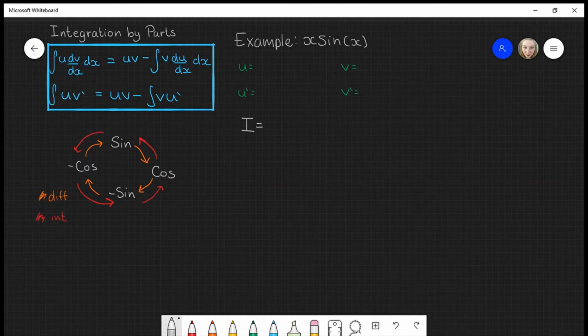So from the formula, one of these two functions is going to be u and one of them will be v dash. I'm going to choose u as x. Therefore the differential of x is just 1, and then v dash will be sine x. Therefore v, we need to integrate this. So if we go to the integration circle on our left, we'll see that sine integrates to minus cos.